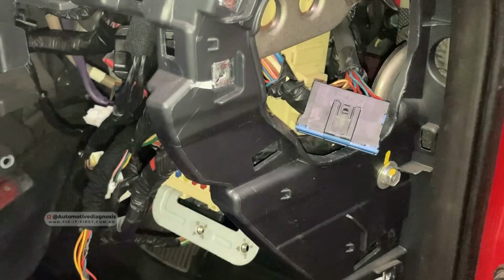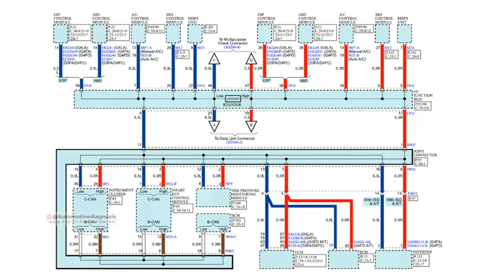Let's just imagine that the CAN timeout that the control units are giving to you is CAN timeout with instrument cluster. So it means the instrument cluster is not responding, is not communicating with other control units. If we look at the wiring diagram one more time, you see that the instrument cluster is located right here and is connected to the network with those two wires through the joint connector.